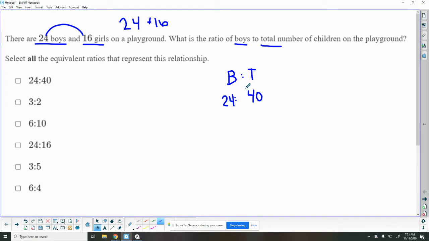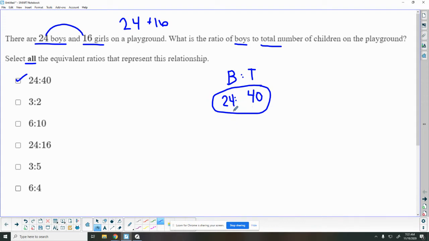So I have this ratio of 24 to 40. I need to find all of the equivalent ones. So the easiest way to do that is to simplify your ratio. So we need to think of the greatest common factor that can go into 24 and 40. And that is 6.